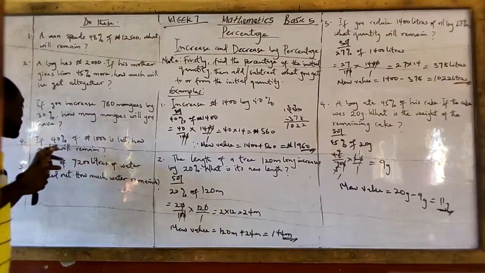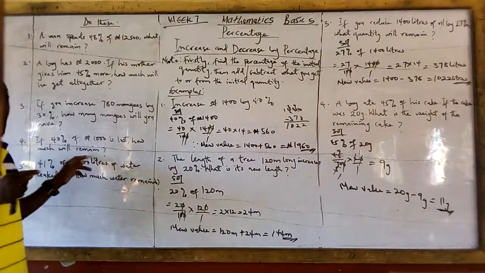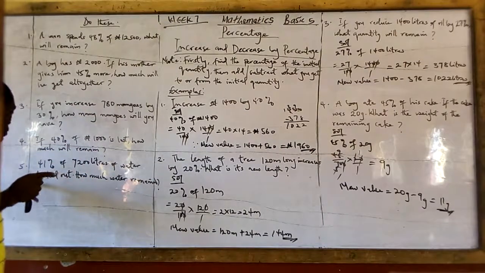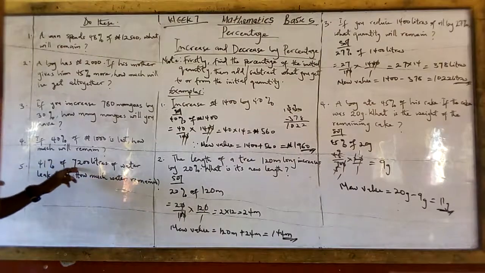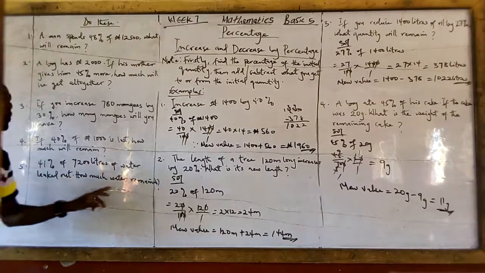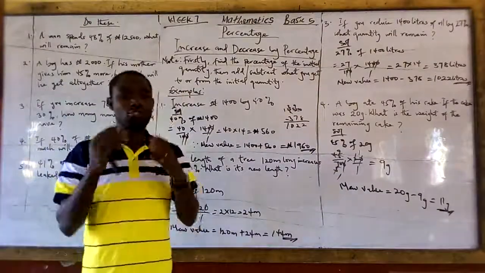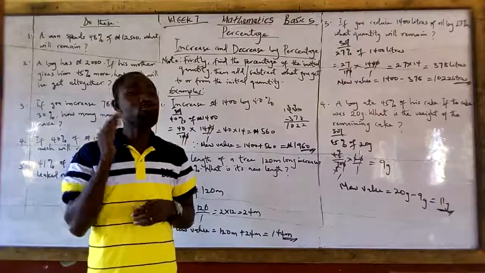Then number 4, if 40% of 1,000 is lost, how much will remain? Then number 5, the last one here, 41% of 7,200 liters of water leaked out. How much water remained?